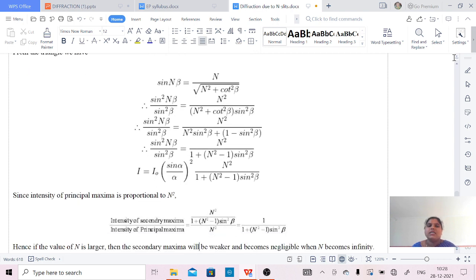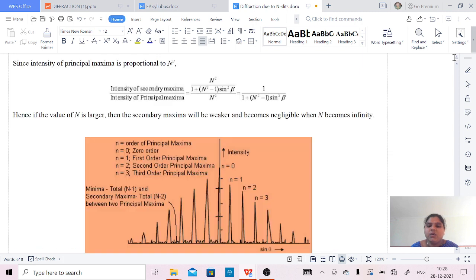Since the intensity of principal maxima is proportional to n square, as the number of slits increases, the intensity also increases. That means I is directly proportional to n square. From this we get the ratio of the intensity of secondary maxima to the intensity of principal maxima. The equation becomes 1 by 1 plus n square minus 1 into sin square beta. If the value of n is larger, then the secondary maximum will be weaker and becomes negligible when n becomes infinity.